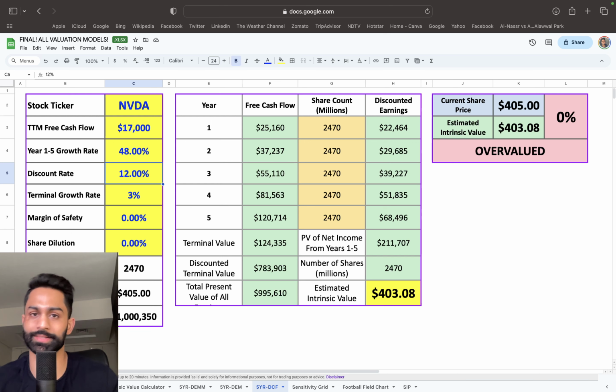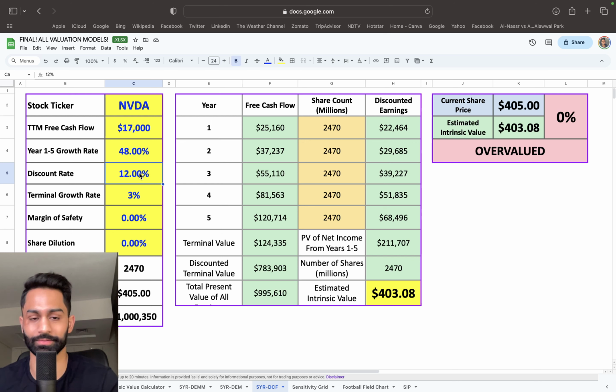So what does this analysis basically mean? That simply means that if I wanted to buy Nvidia today at $405 per share, and get a 12% return over the next 5 years, because that's a market-beating return and that's a required rate of return I've put in over here, Nvidia would need to grow their free cash flows by 48% every single year for the next 5 years.